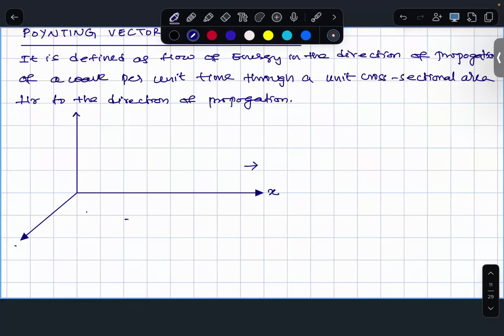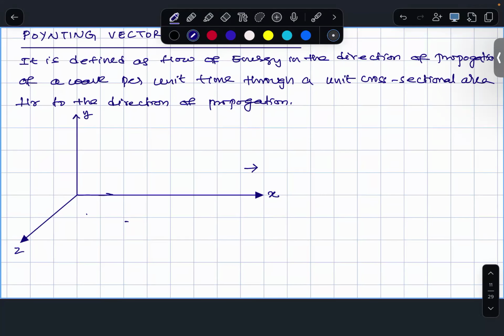And this is the z-axis. And this is the y-axis. So when light is propagating along the x-axis, I am assuming this is the electric field vector at an instant and a magnetic field vector at that point at an instant. And this keeps on moving.